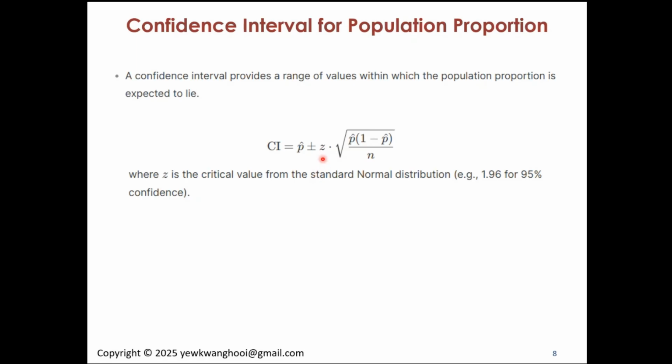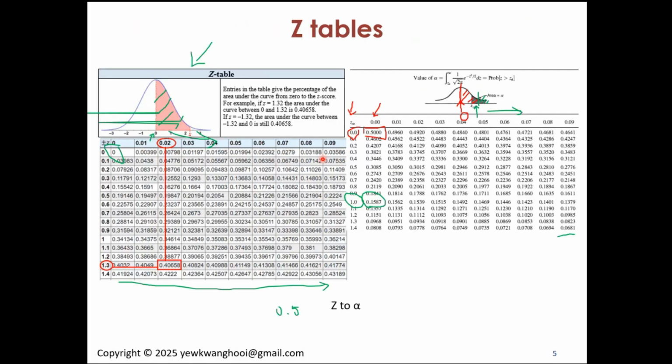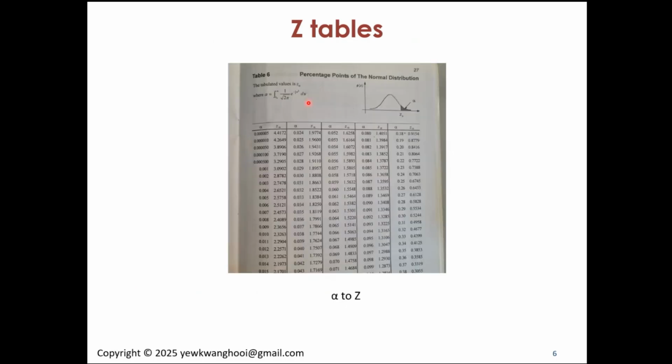So the critical value z, how do you know? Again, we get it from the table, like the one I showed just now. You can use any z table you find, but make sure you read up the note first, because sometimes the area is on the right, sometimes on the left, and sometimes it starts from the center, sometimes from the tail. You have to be careful. Or you can use this table. It's the same; the only difference is the position.